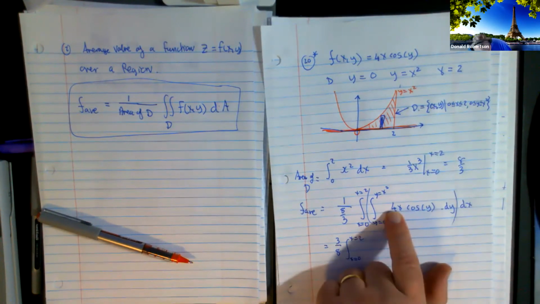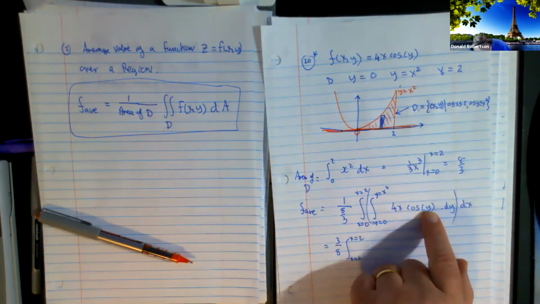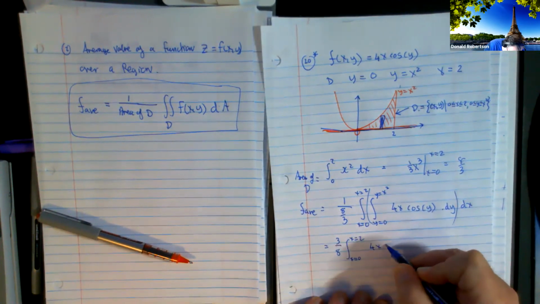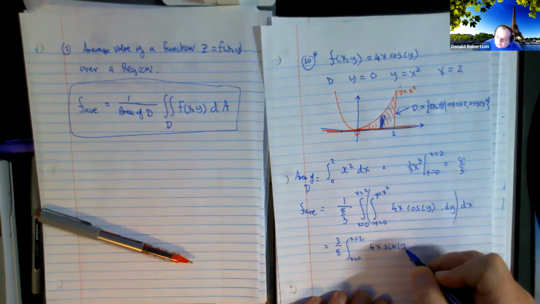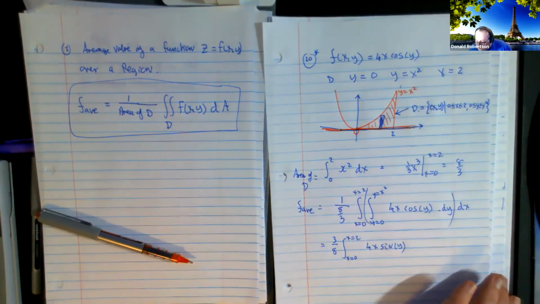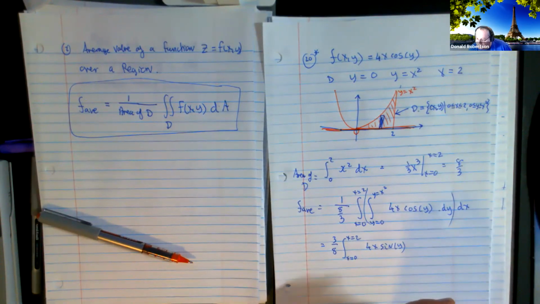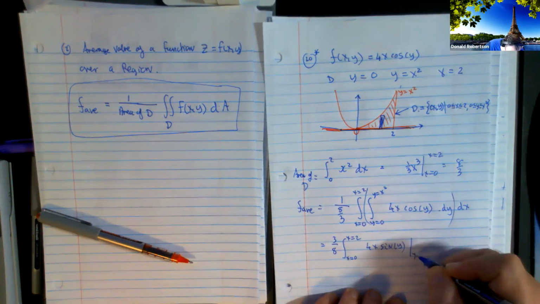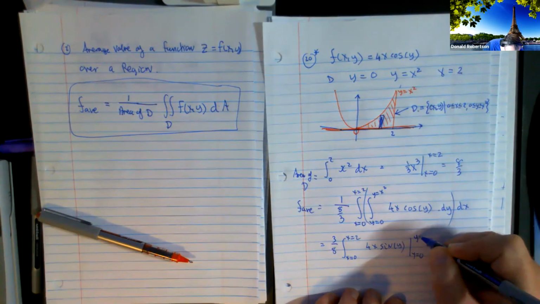If you integrate 4x cosine y with respect to y, don't you just get 4x sine y, right? Evaluate at 0 and at x squared.